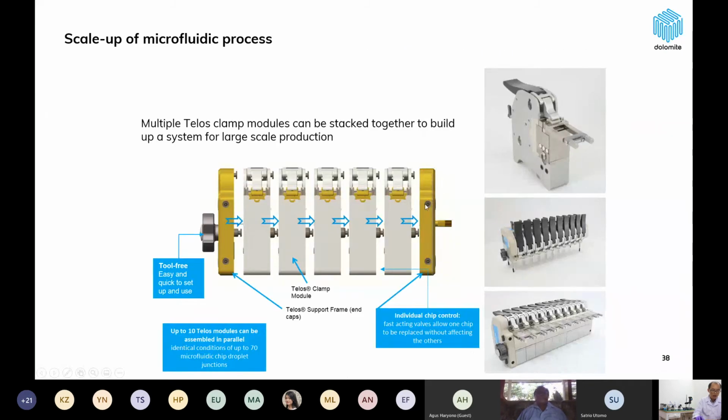So we can integrate or stack together multiple Telos clamps, up to 10 chips working together. So we can increase up to 10 times compared to a single channel, a single chip.